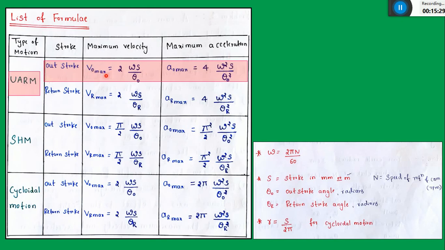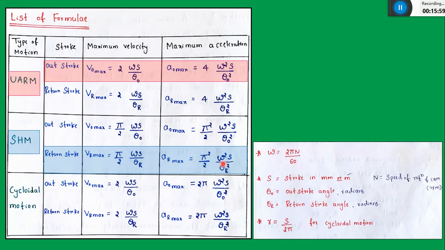V0 is the maximum velocity during outstroke. A0 is the maximum acceleration during outstroke. After that, it is given the follower will come down. It will return back with simple harmonic motion. The follower motion is simple harmonic, so for the return stroke, I'll consider this one. For the return stroke, which is with simple harmonic motion, I'll consider these two formulas.